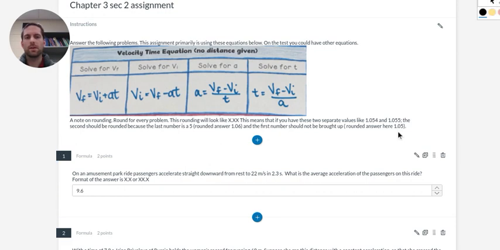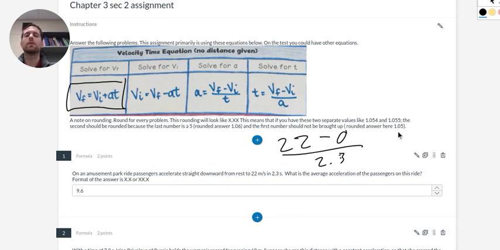So it's going to be 22 minus 0 over 2.3. We're just using this equation every single time, and then solve for the acceleration every single time. This whole assignment's just using this set. So whatever that value is, 2 divided by 2.3.